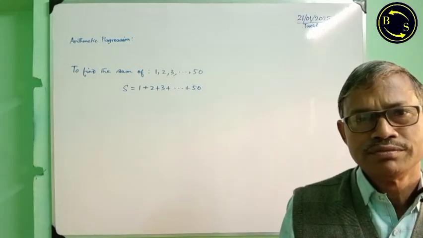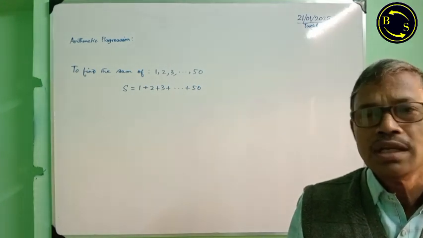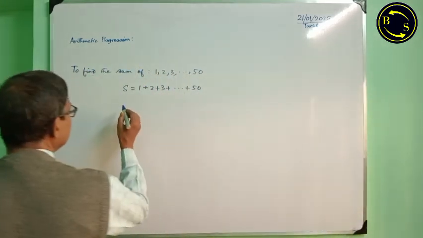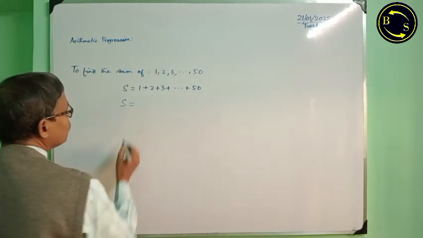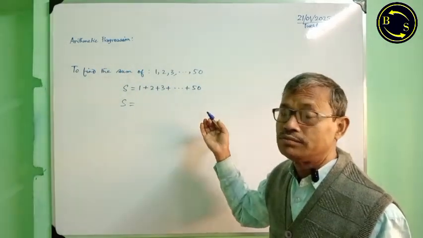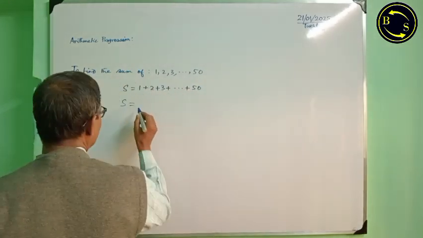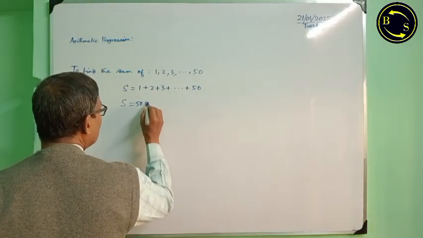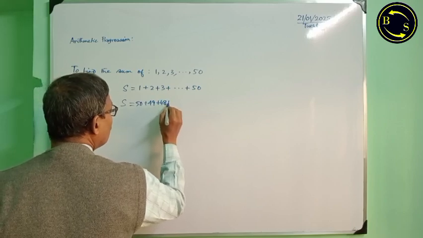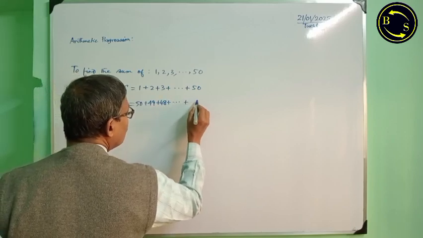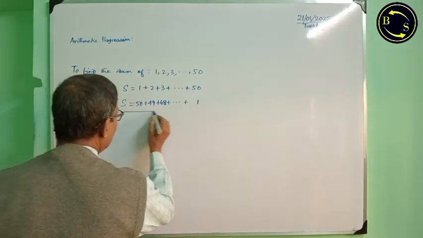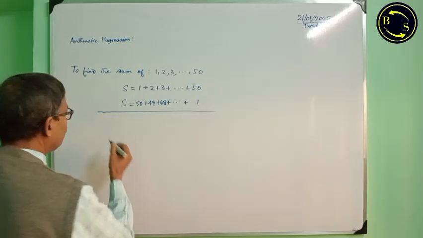He solved the sum. What did he do? Let me do that. He wrote these numbers in reverse order, then took the sum of these two.